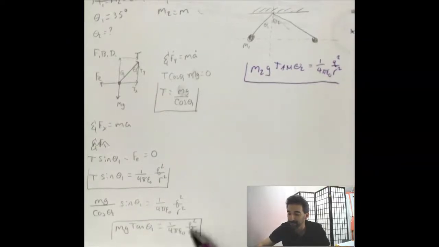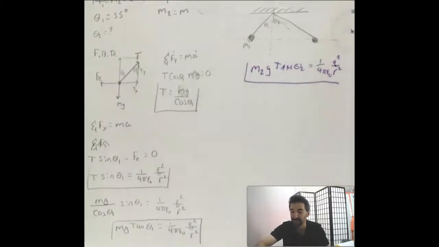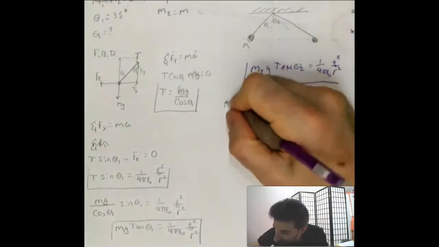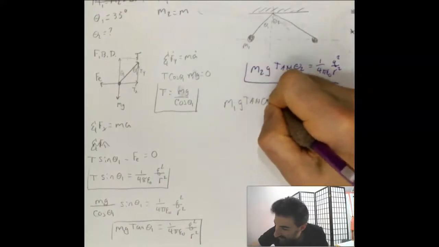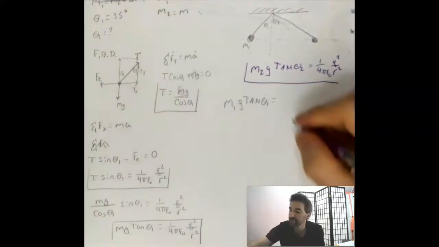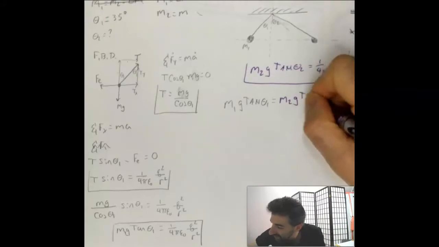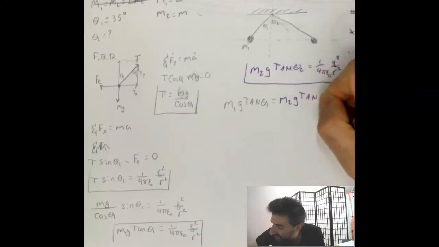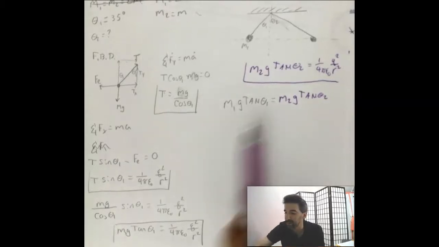Now 1 over 4 pi epsilon 0 q squared over r squared means I can set that equal to that. So I would have m1g tan theta 1, I know everything on that side is equal to m2g tan theta 2. Sub in my values for m1 and m2.